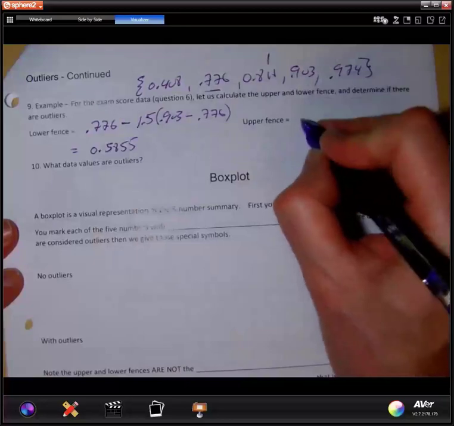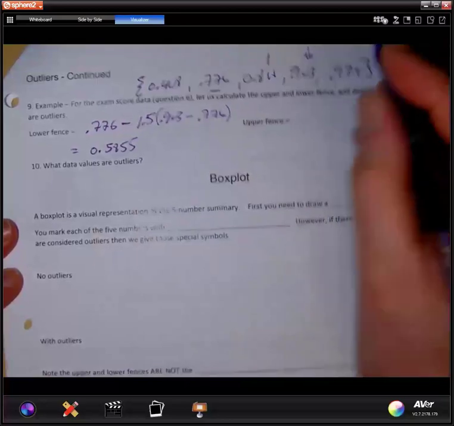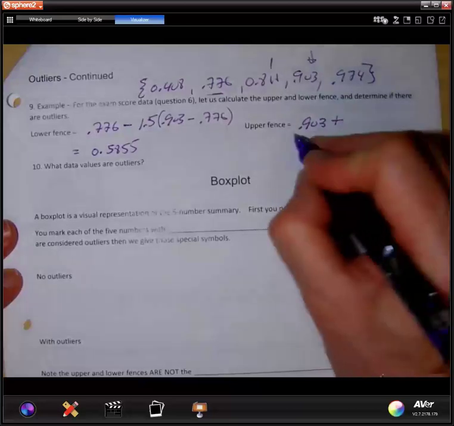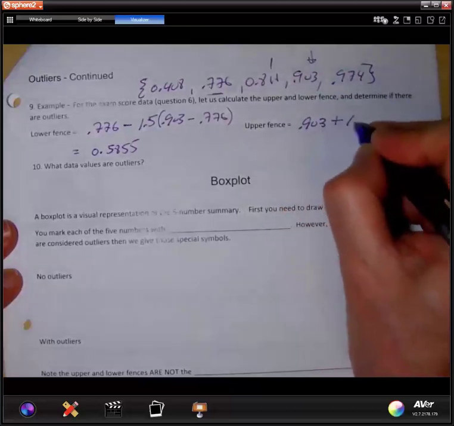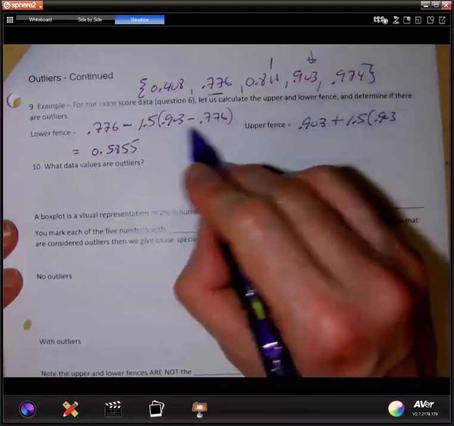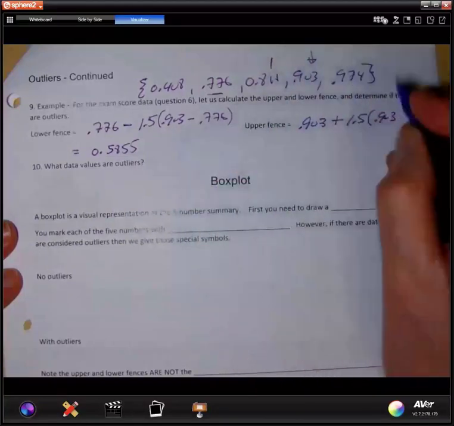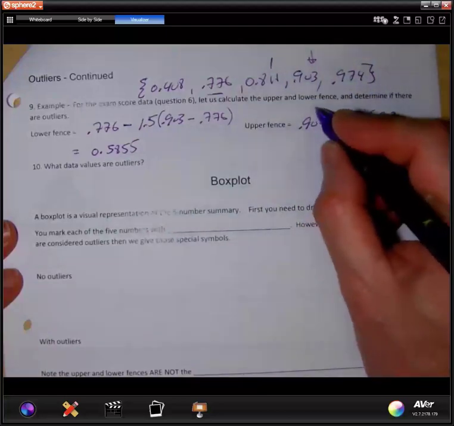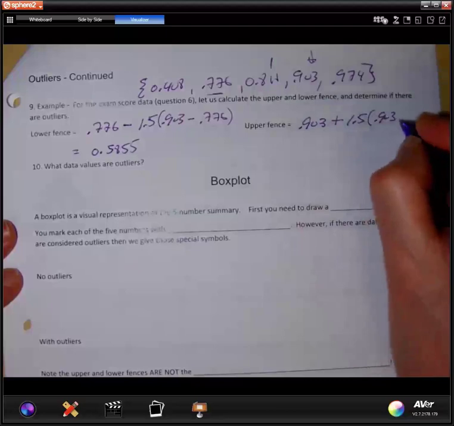What about the upper fence? Well, I'm going to start here at Q3, but now I'm going to go greater than. I'm going to go above this number, and it's 1.5 times this IQR. Looking at this, the IQR is about 0.13, and 1.5 times that, starting at 0.903, is going to go over 1.